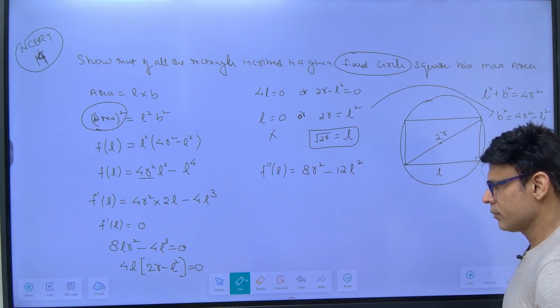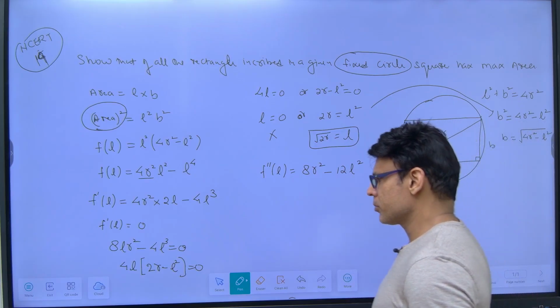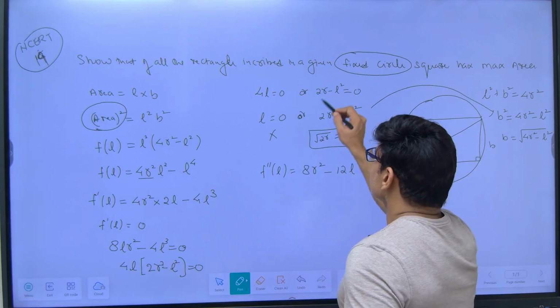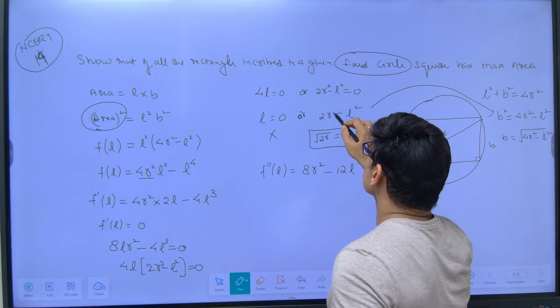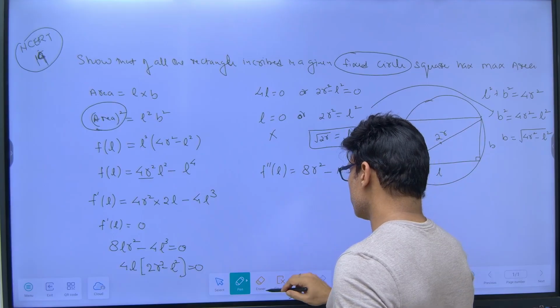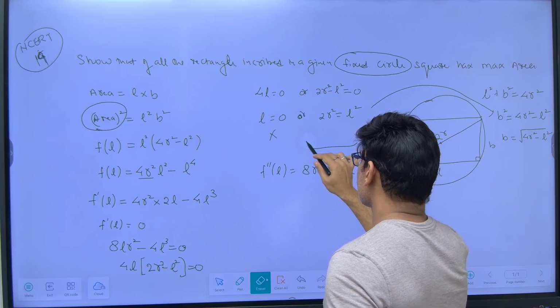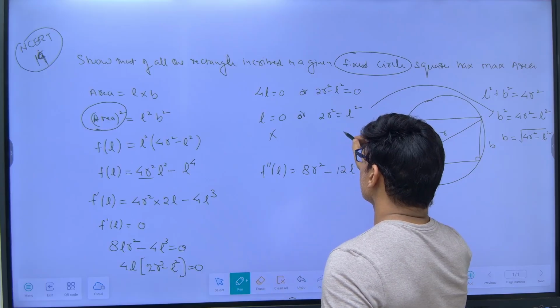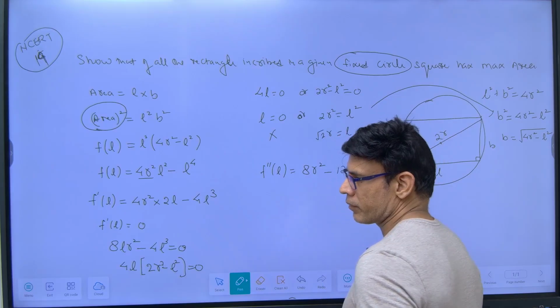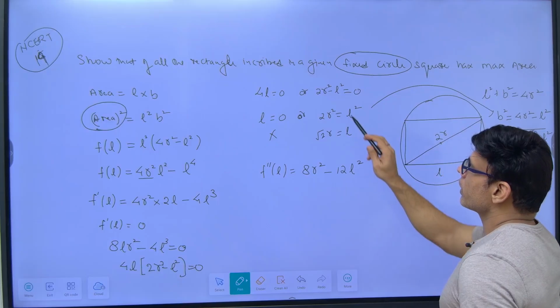This is 2R square. So L is what? Root 2r. Therefore, L will be equal to what? Root 2r outside, right?